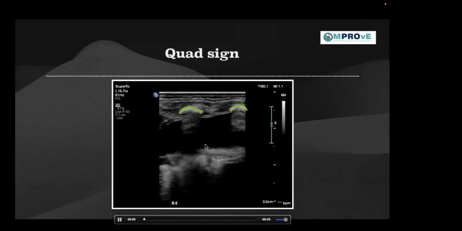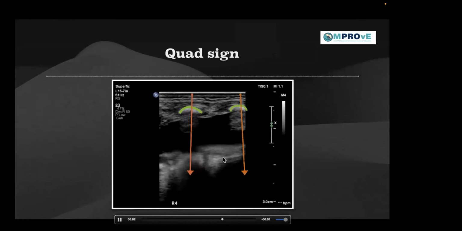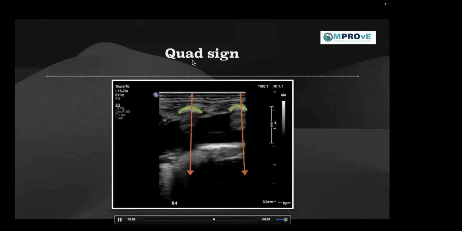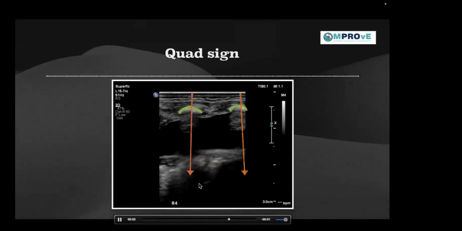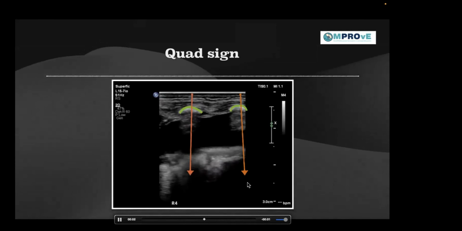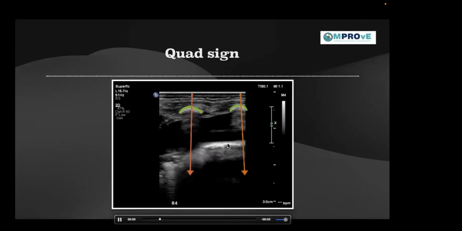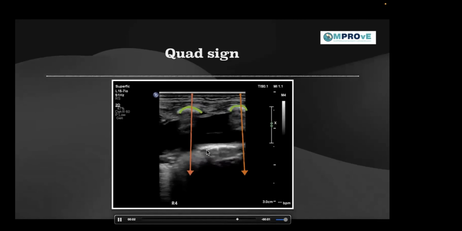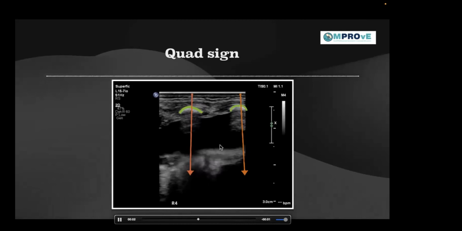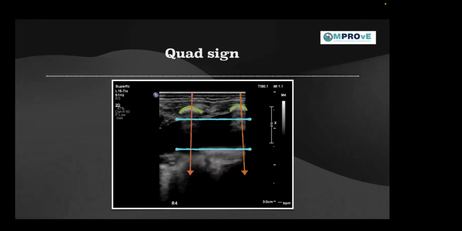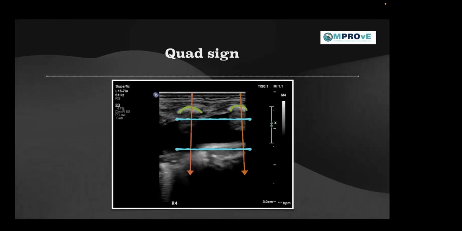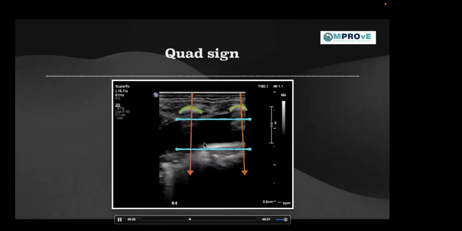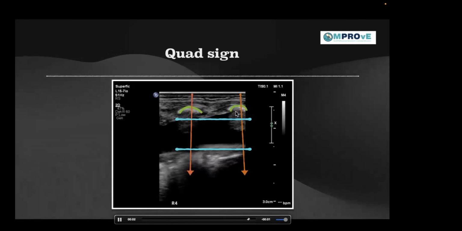And then if you draw two lines, quad sign is four borders: parietal pleura, visceral pleura, and through the ribs, if you draw two parallel lines, that's your quad sign. So this is what you see in pleural effusion. That's your four borders, parietal and visceral pleura, and two parallel lines from the rib.